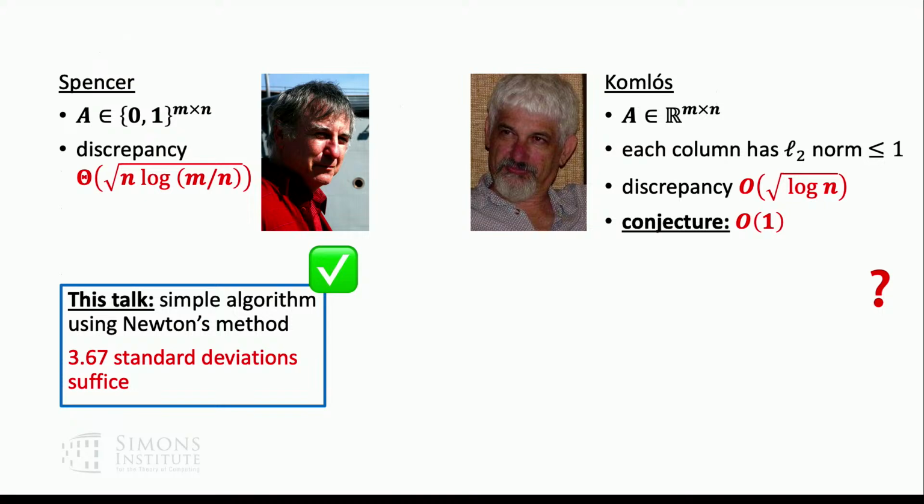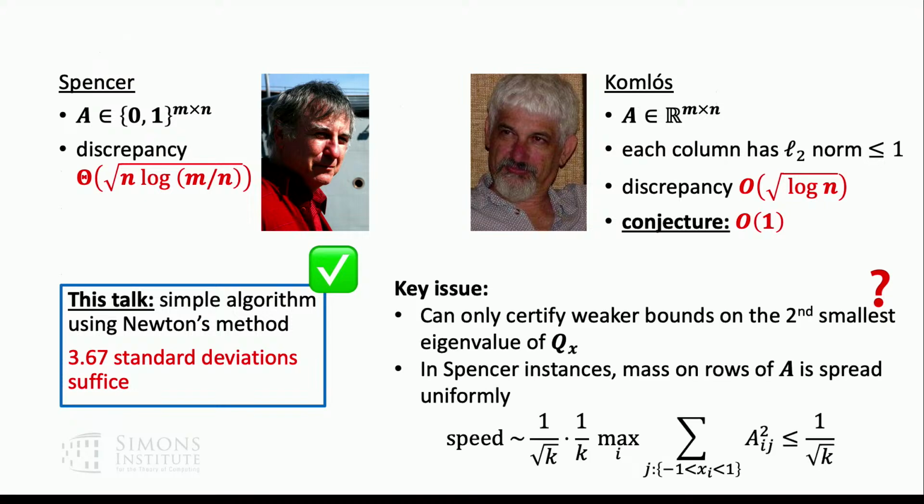Okay, so basically, we can just test our tools to try to prove something harder, like maybe the Komlos conjecture. The problem is that for matrices of this type, we can only certify weaker bounds on this second smallest eigenvalue of our matrix Q of x. The key difficulty here is that in Spencer instances, the mass on the rows of A is very uniformly spread.